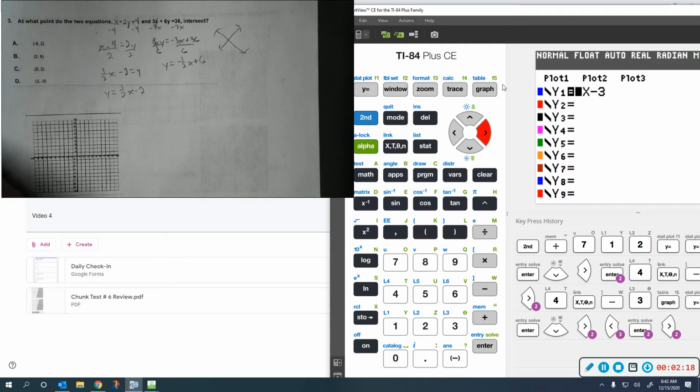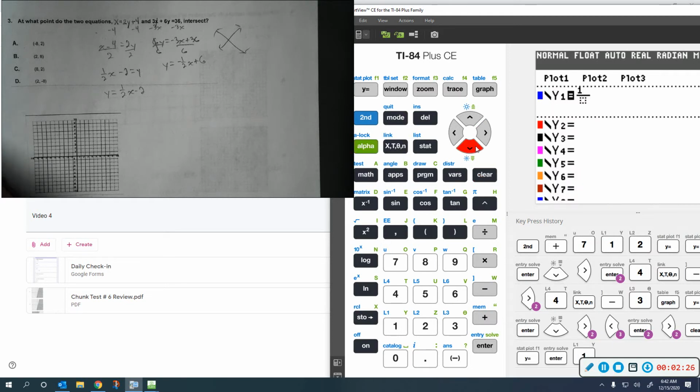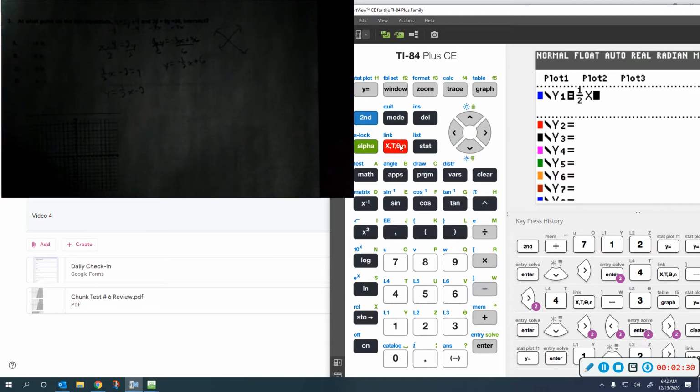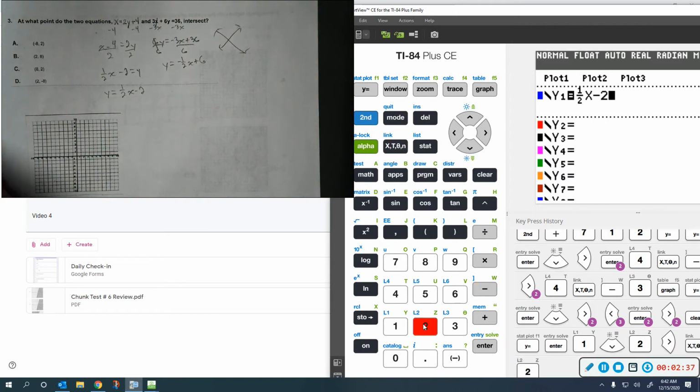And now this first one is going to be 1/2 x minus 2. Oh, sorry about that. The light's going out for a second. Minus 2.